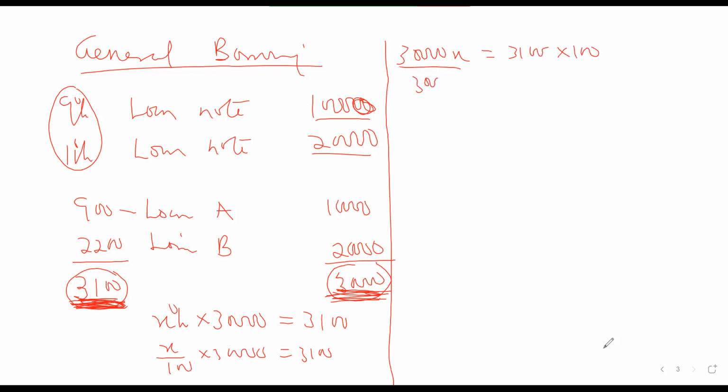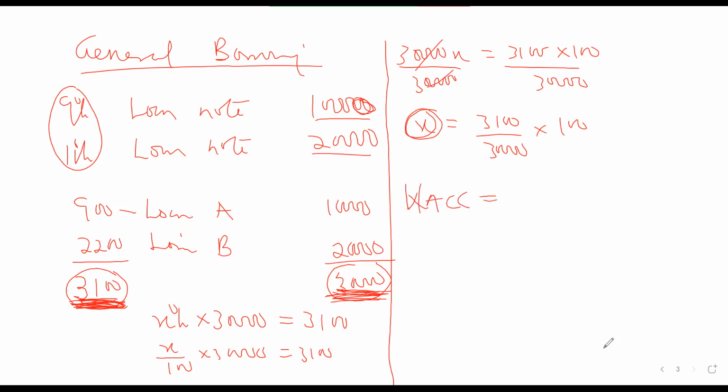Divide both sides by 30,000, so x will give us 3,100 over 30,000 times 100. So if you want to find that particular interest rate that, if you apply it on 30,000, will give you this one, it is calculated as, which we call the WACC.